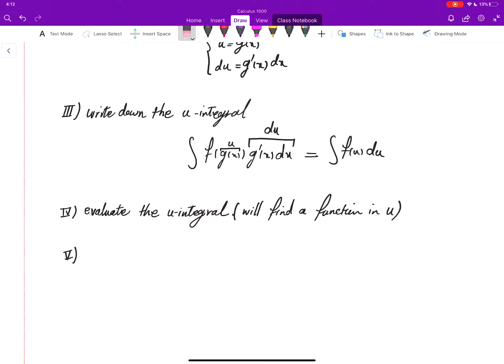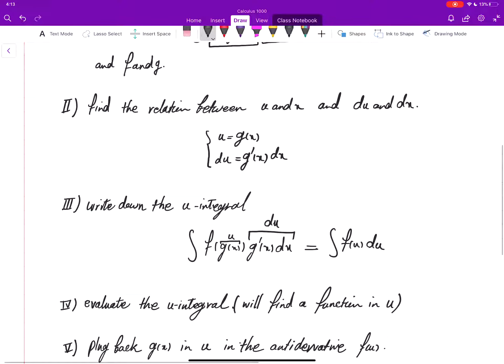So plug g(x) back in for u in the antiderivative, or the value of the u integral, the antiderivative of f(u).